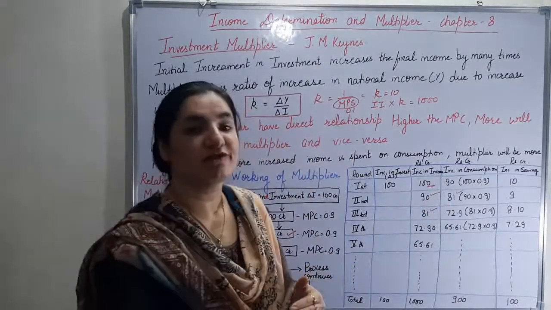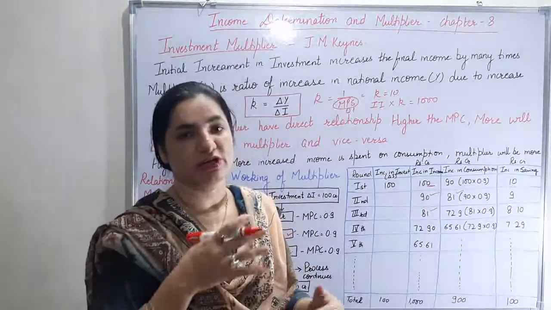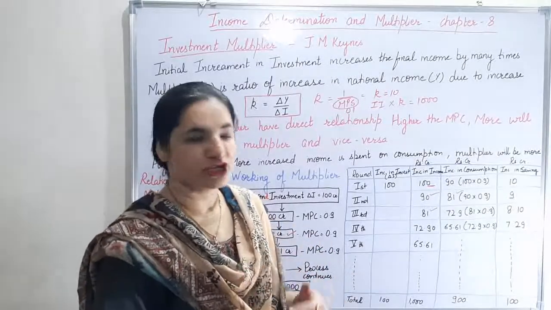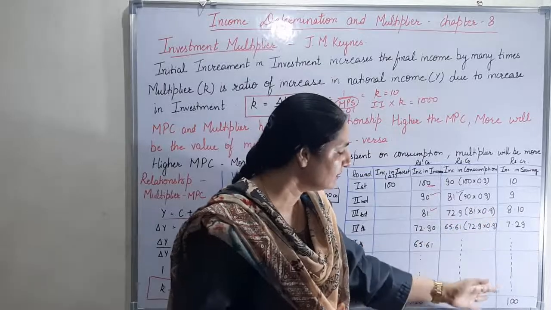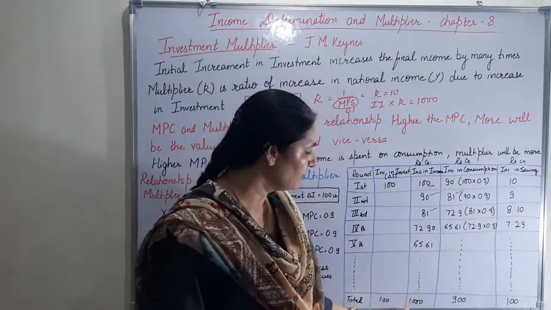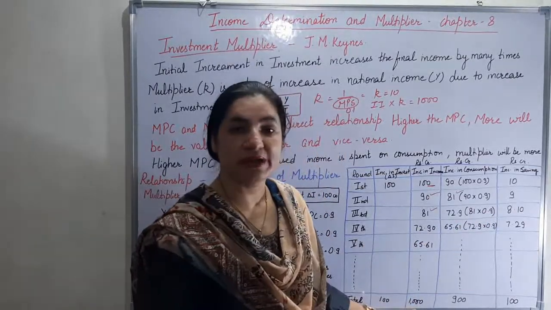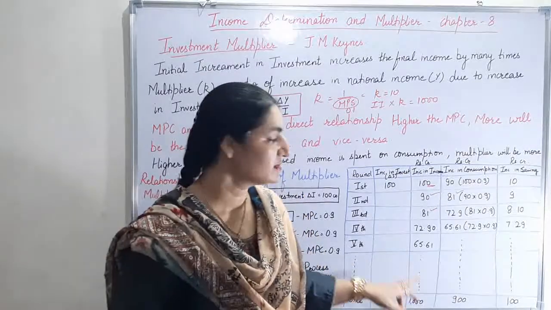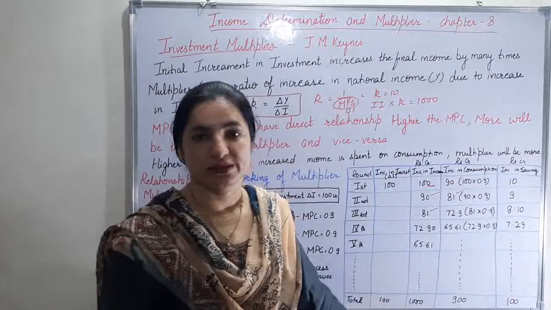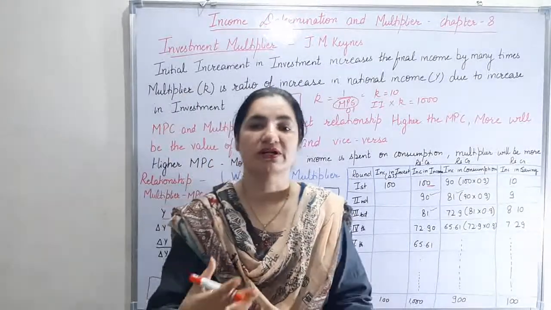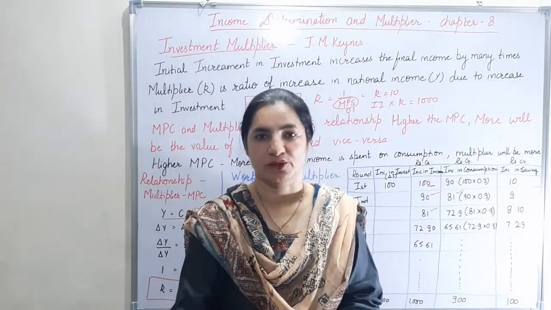The recipient will again consume, and that comes back into circulation in the economy, and these rounds will go on until this becomes the multiplier of 10, that is, initial investment multiplied by 10 is 1000. So this is how the multiplier works in the economy.